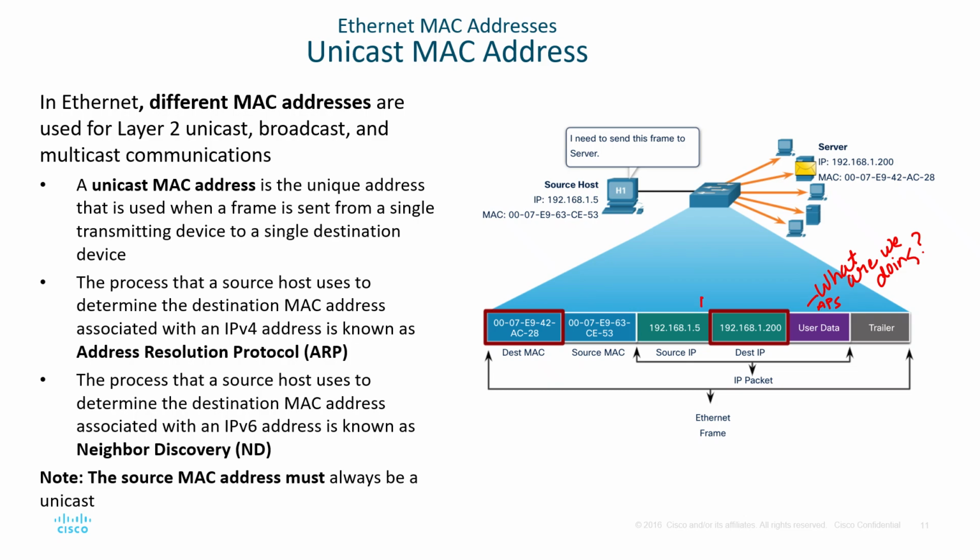Then you get to your network layer. Your network layer puts in a source IP and a destination IP in its header.